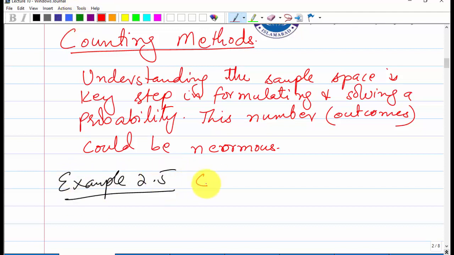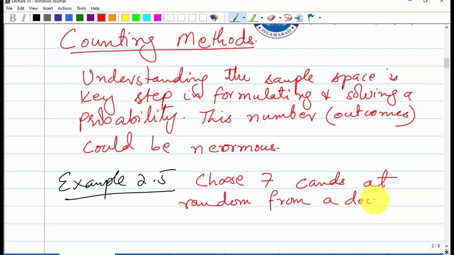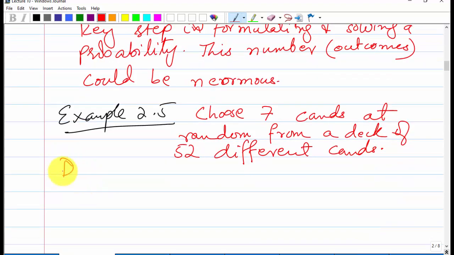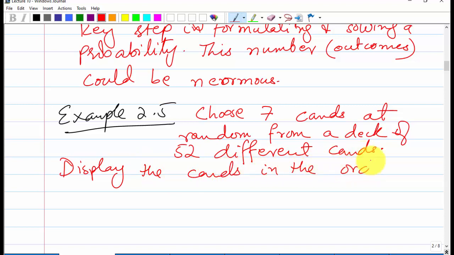It's simple. It says choose 7 cards at random from a deck of 52 different cards. Now it says display the cards in the order in which you choose them.